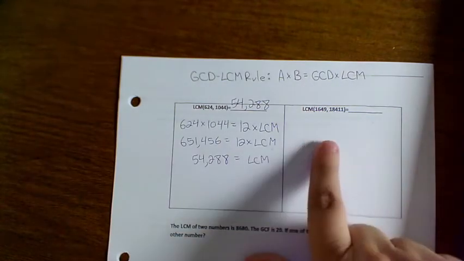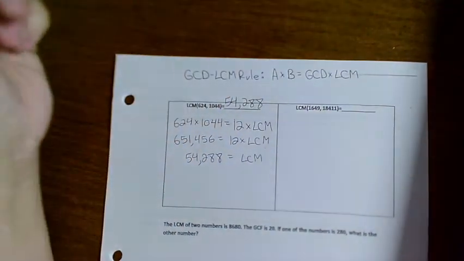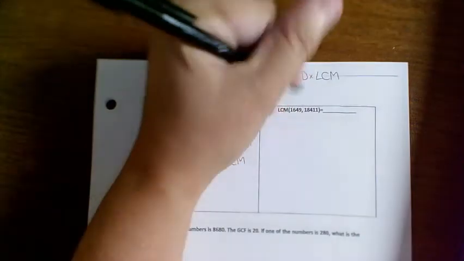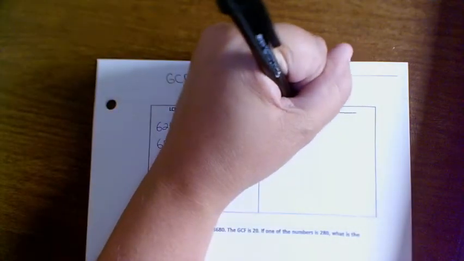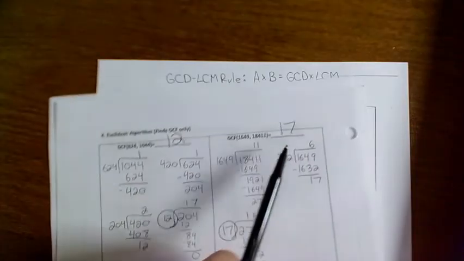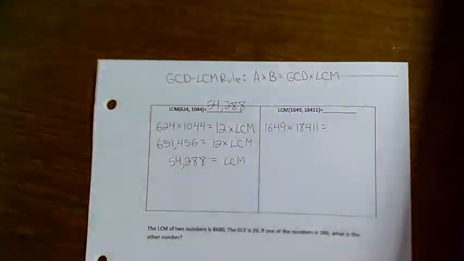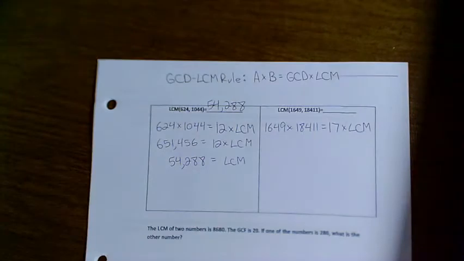All right, what about for the other one? So what about finding the LCM of 1649 and 18,411? So the product of 1649 and 18,411 should be equal to the GCD, which we found was 17, times whatever the LCM is.